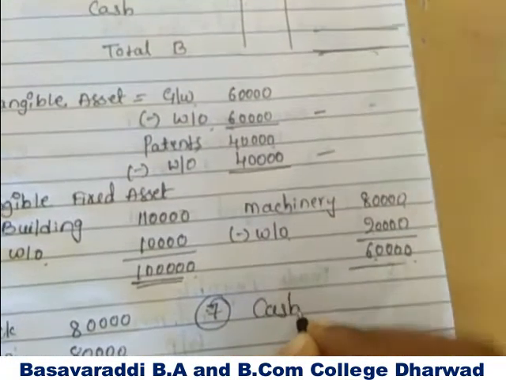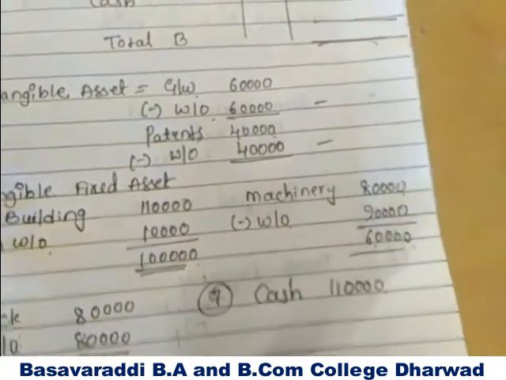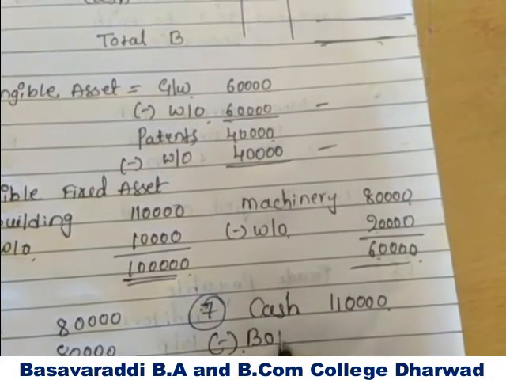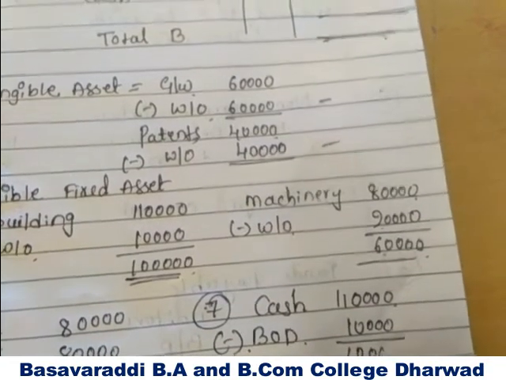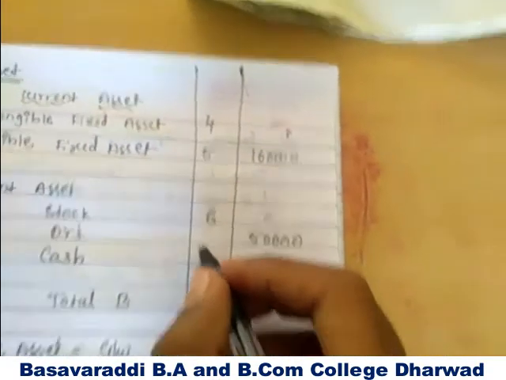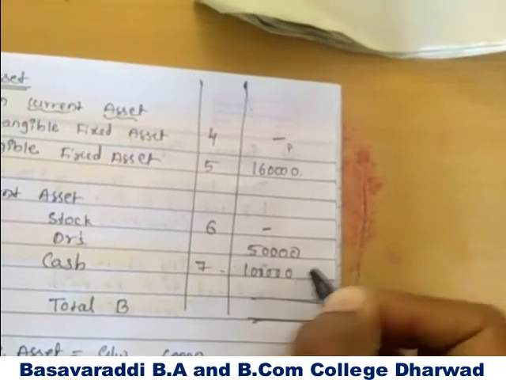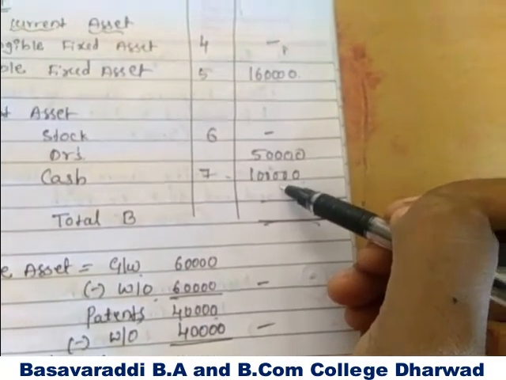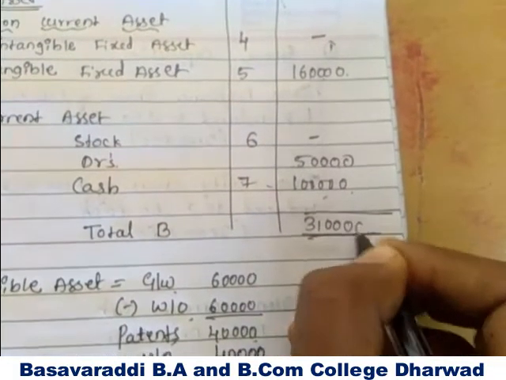Cash amount is 1,10,000 less bank overdraft repaid, amount is 10,000, difference amount is 1 lakh. We have to give the 7th working note, 1 lakh rupees. How much total? 1 lakh 60 plus 50 plus 1 lakh, 3 lakh 10,000 rupees.